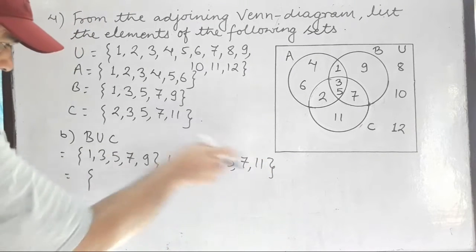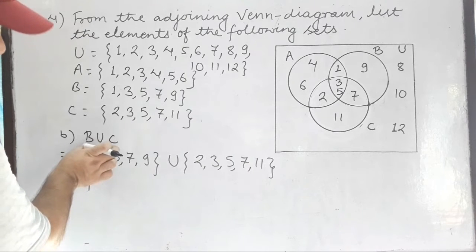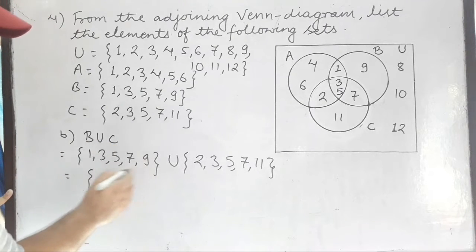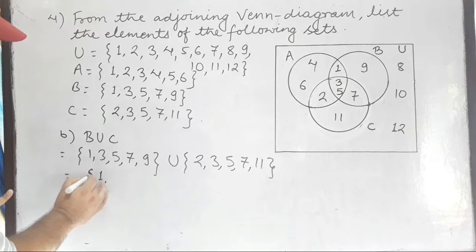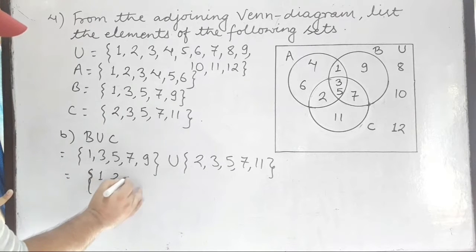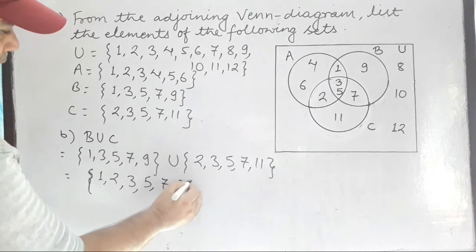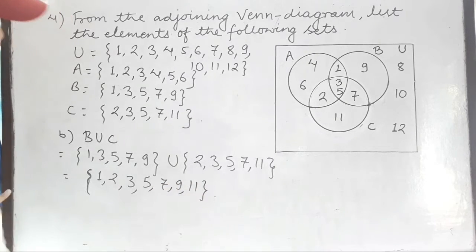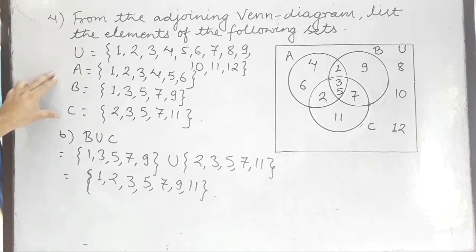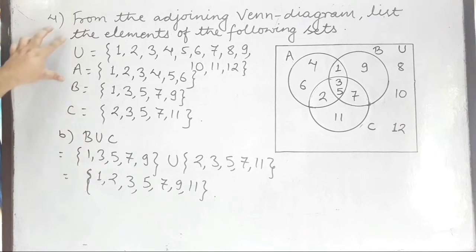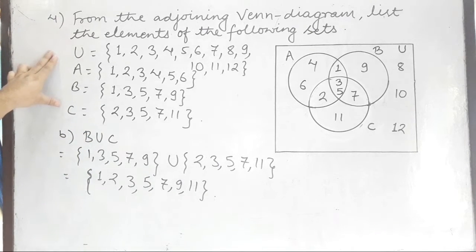Since it is the union of two sets, we should write all the elements: 1, 2, 3, 5, 7, 9 and 11. If you do not want to list out the elements of these sets, then let it be. You can do it directly, but if you write, it will be much easier for you.